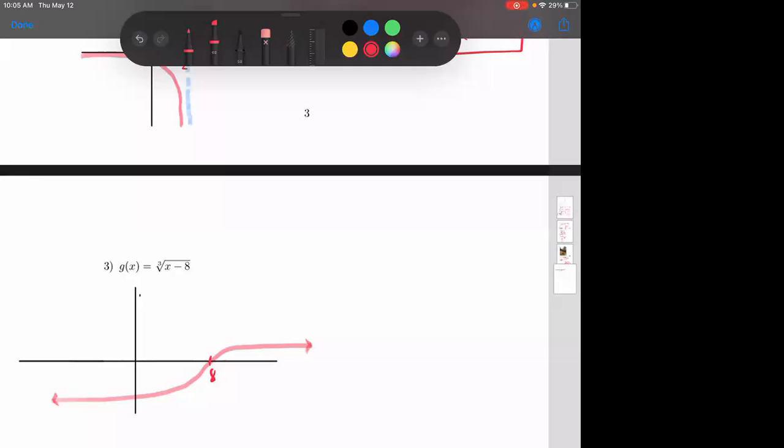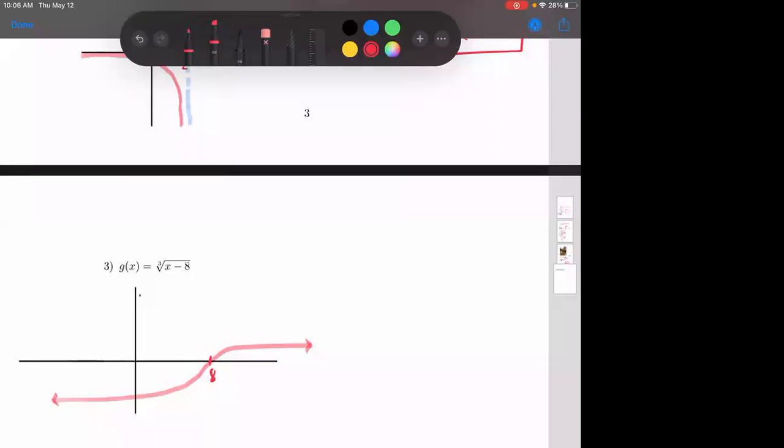Alright, I guess the range. That looks like it goes up though. Yeah, it goes up. That's why I say my graph is a little bit deceiving. Good domain.